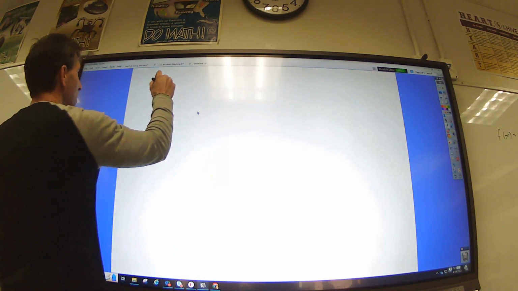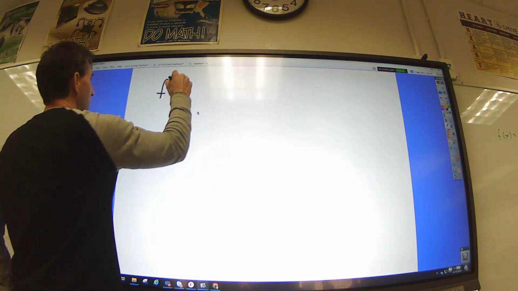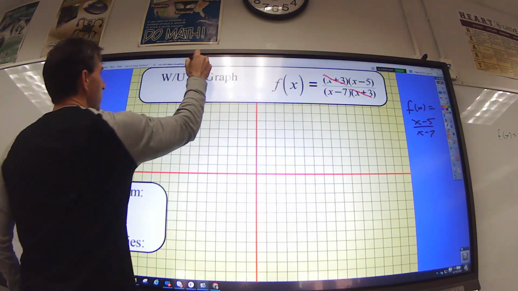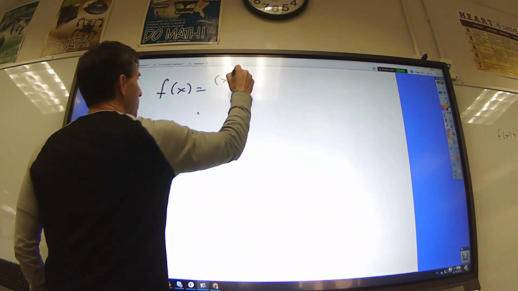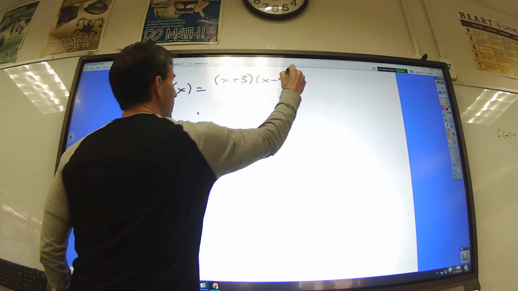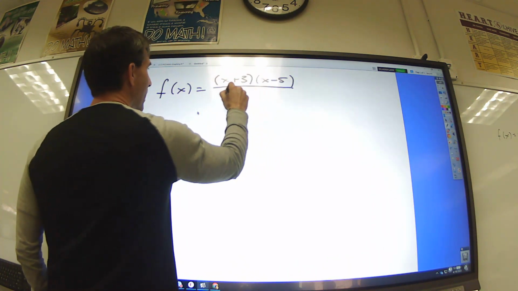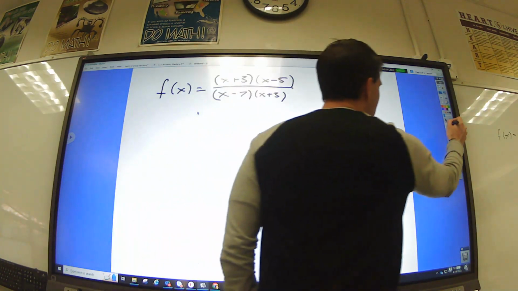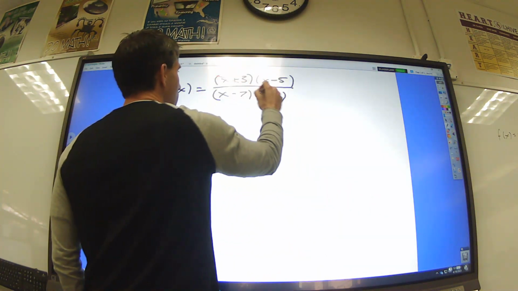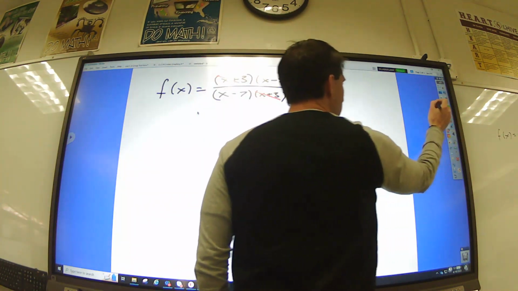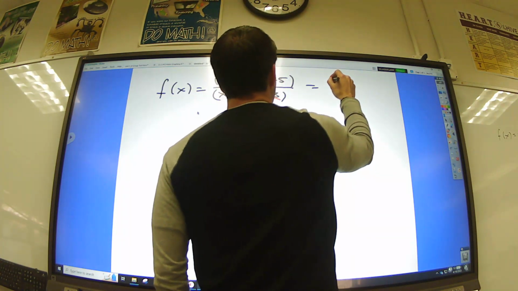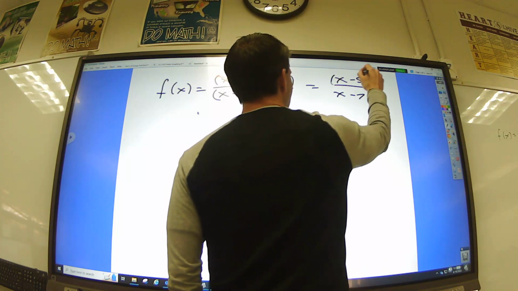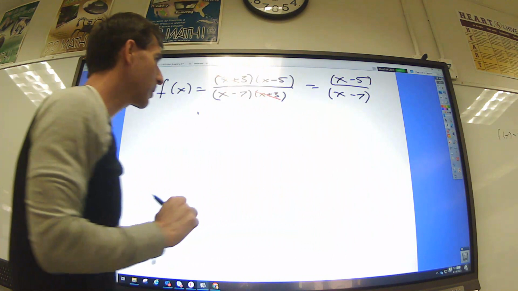So my new function is going to be, well, our original function was f of x equals x plus 3 times x minus 5 over x minus 7 times x plus 3, cancel out the x plus 3. So the function we are going to graph is going to be x minus 5 over x minus 7. Okay, so we're going to graph this right here. Now, that's what we're going to graph.